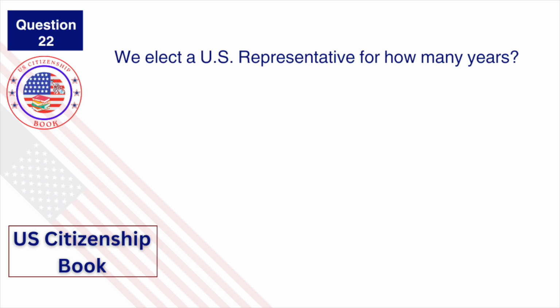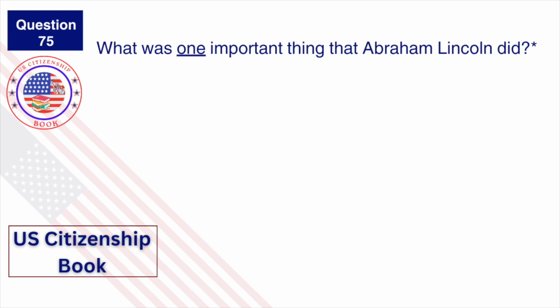We elect a U.S. representative for how many years? 2. What was one important thing that Abraham Lincoln did? Freed the slaves.